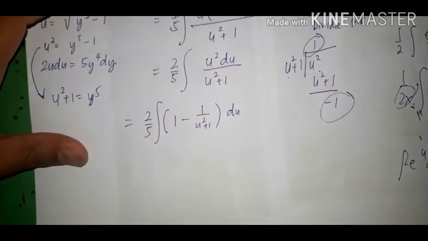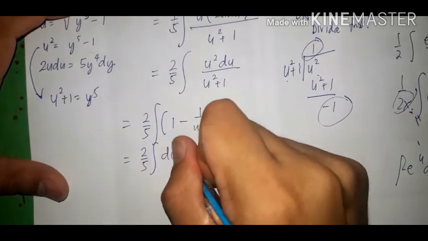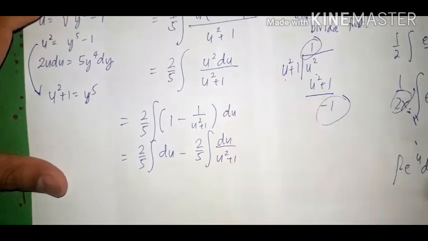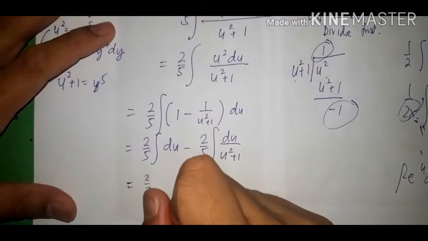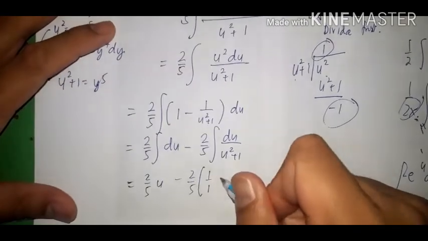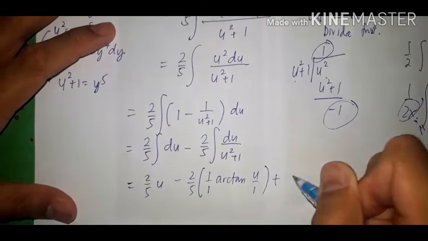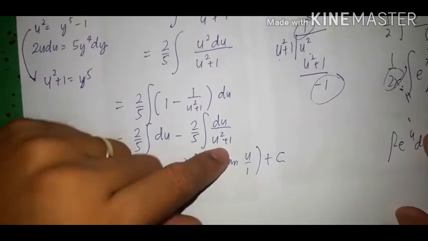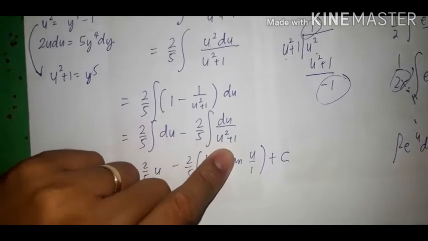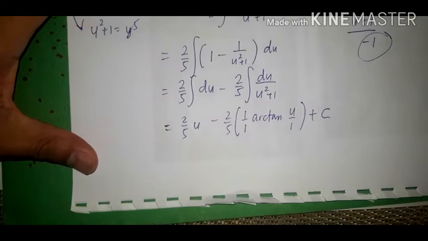So simplifying by distributing, that's 2 over 5 integral of du minus 2 over 5 integral of du over u squared plus 1. So this is simply 2 over 5 u minus 2 over 5 times 1 over 1 arctangent u over 1 plus c. So that is simply basic trigonometric formula lang na gamit ang arctangent. But what is u?